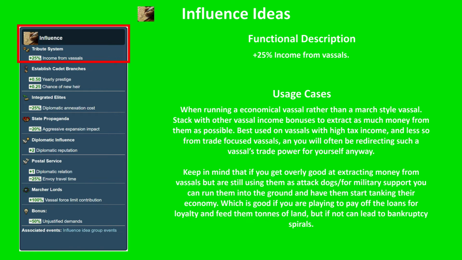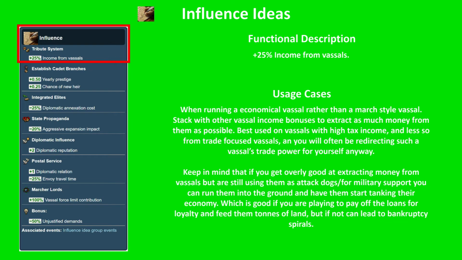So you want it to potentially stack with other vassal income bonuses that extract as much money from them as possible. Some of the government types, some of the national ideas for certain nations help extract extra income from vassals, so those stack well. It's obviously therefore best used on vassals that have a high base tax rate, because it only extracts their tax income, it doesn't extract their trade income, for example.